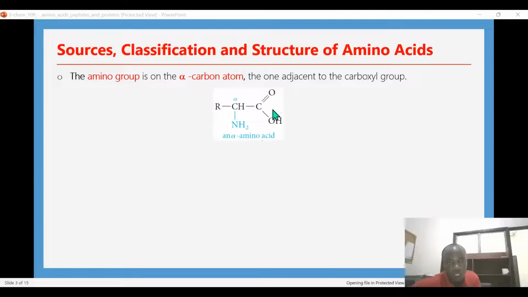One is the carboxylic group, the carbon with a double bond to oxygen and an OH group. Then we have NH2, which is the amino group. Then we have the R group, and then the free hydrogen attached to it. So this is the alpha carbon.